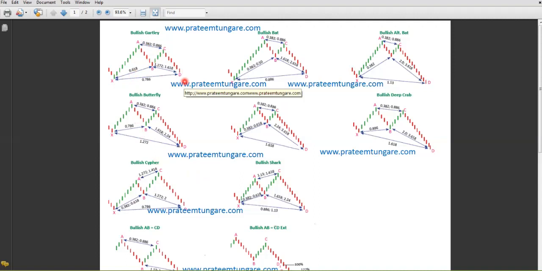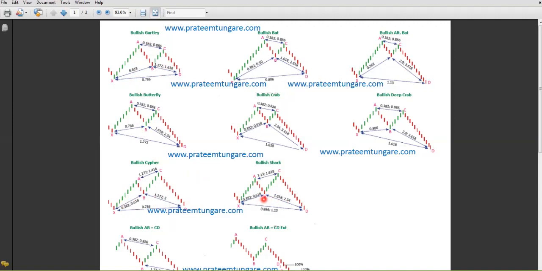So our next step is to identify the group. Which group does this bullish 5-point pattern belong to? The first 6 patterns are group A, and the below 2 patterns are group B.